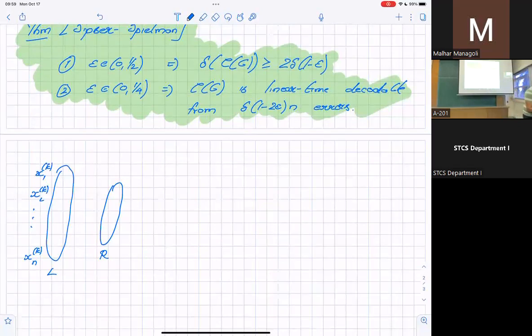So the decoder is the following object, and in fact, we write it in such a way so that today it will be explicit. This is a linear time decoder.